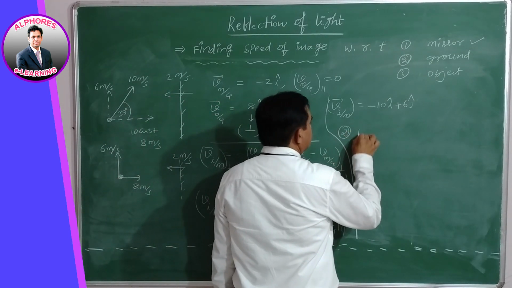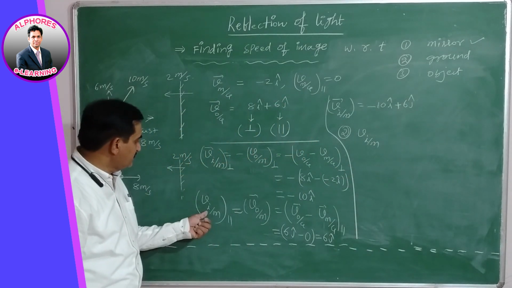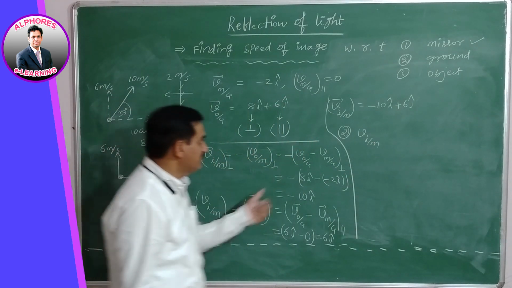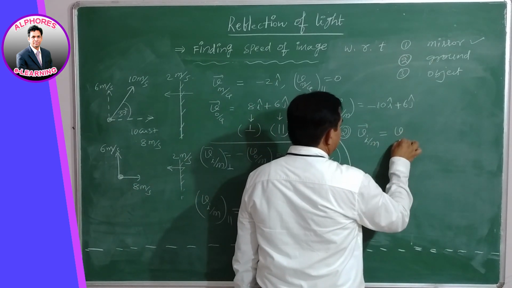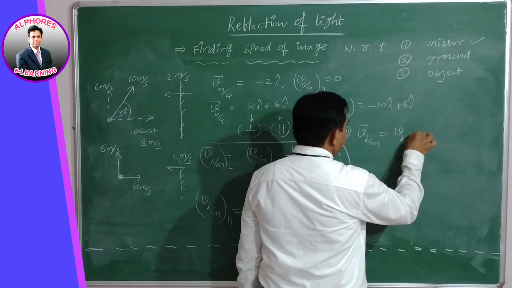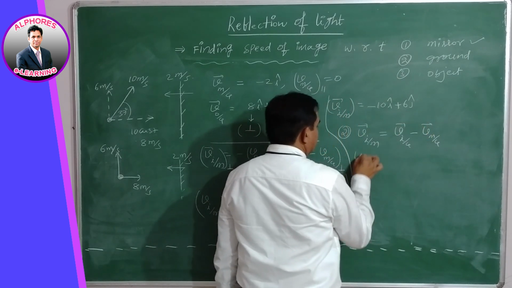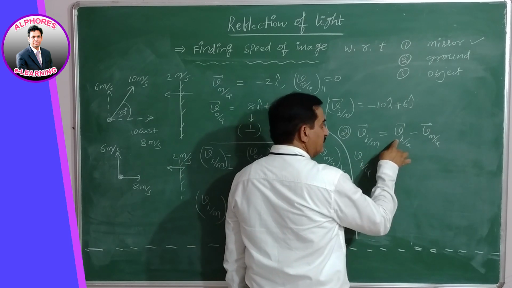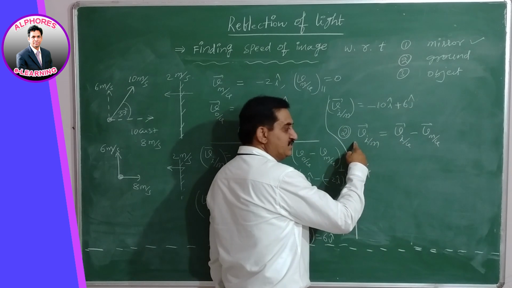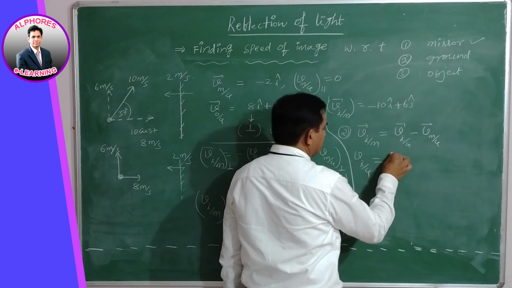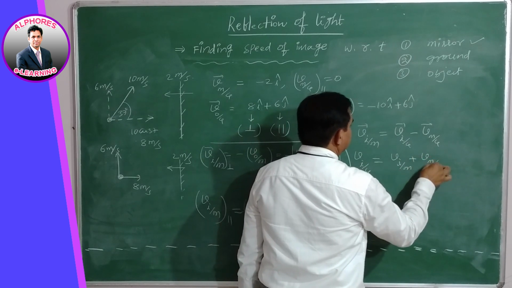Second one, speed of image with respect to mirror. Just consider this same formula, speed of image with respect to mirror directly. So relative velocity is taken into account: image with ground minus mirror with ground. Okay, image with ground we have to find, so this value shifts to this side and becomes positive: image with mirror plus mirror with ground.